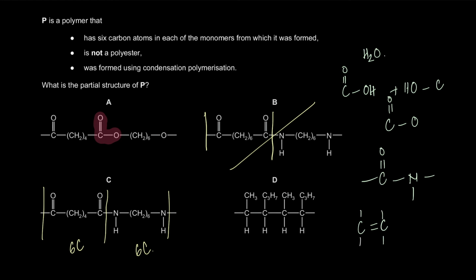There's nothing else produced, and actually you don't end up really seeing a distinct linkage that can identify the type of polymer. So D is an addition polymer, right? And we won't look into it in too much detail because we don't need to. It's not a condensation polymer, it's an addition polymer. The C is matching with all our 3 criteria, which are listed on top. So the correct answer is C.